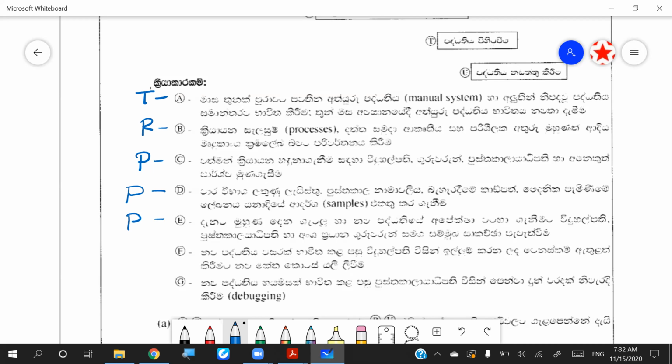And in the F, it says rewriting parts of code to accommodate a change requested by the principal after using the new system for 1 year. So it specifically says after using the new system for 1 year. That means the system has already been deployed. So what we do after deployment is maintenance. So definitely this goes with maintenance, which means the U phase of the system development life cycle, right?